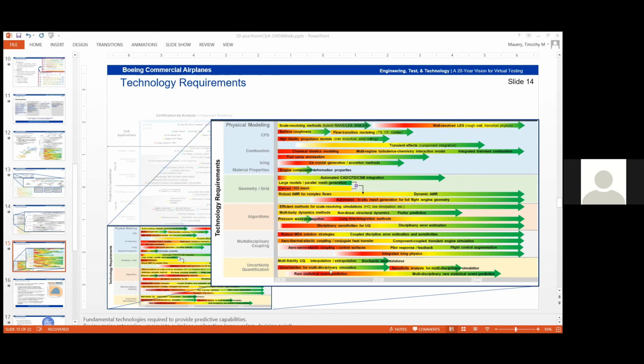And you'll see that there's a swim lane or a row that specifically addresses UQ, and some of the technology development that's required to improve our uncertainty quantification, and how that can relate to other confidence tools.